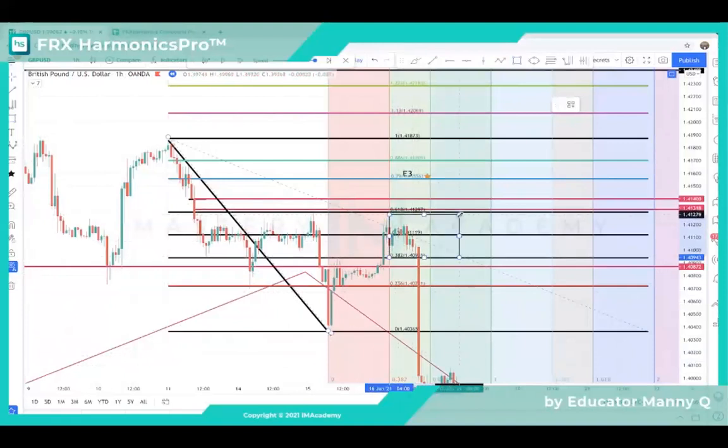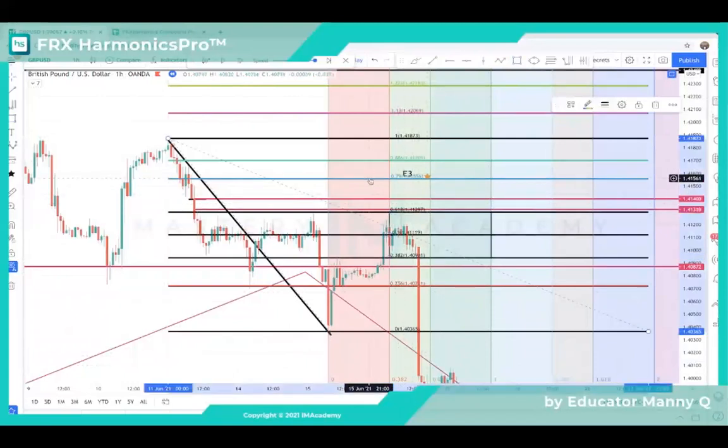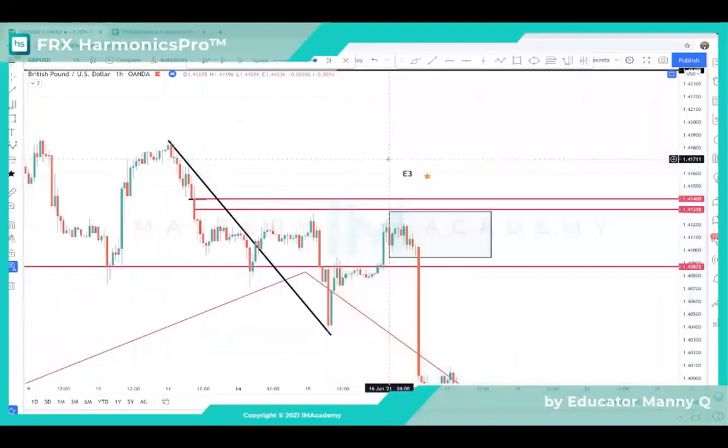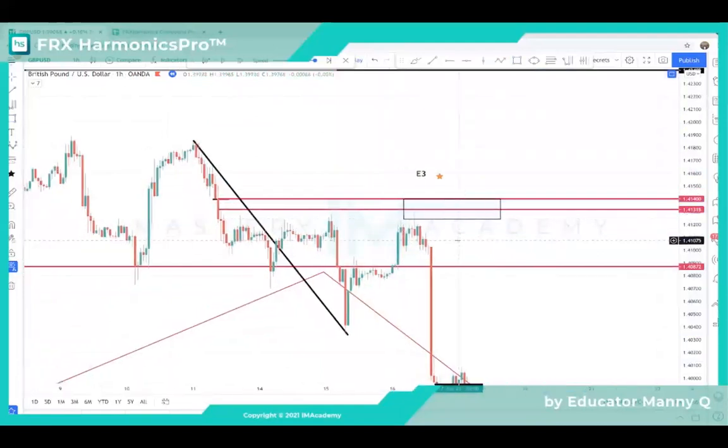Which means that this area right over here would have been your reversal zone for that E3 in terms of time and price. And you also see that there's a huge imbalance right over there. So if you keep this area true, there go your entry points inside of the market.